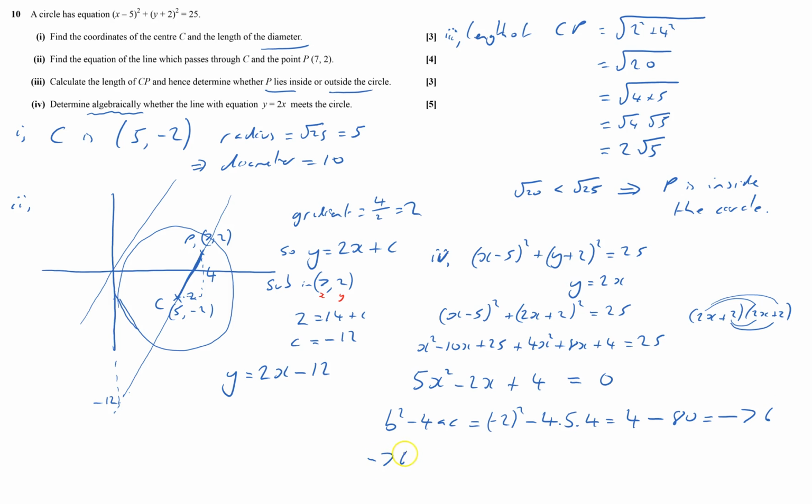And negative 76 is less than 0, therefore no solution to the quadratic. Therefore y equals 2x does not meet the circle.